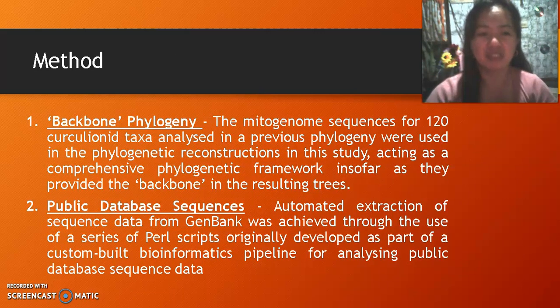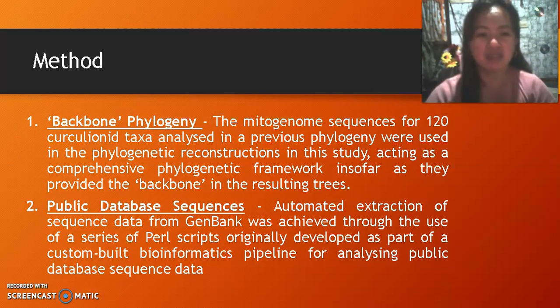For the methods, first used was backbone phylogeny. The mitogenome sequences for 120 Curculionid taxa analyzed in a previous phylogeny were used in the phylogenetic reconstructions in this study, acting as a comprehensive phylogenetic framework insofar as they provided the backbone in the resulting trees.